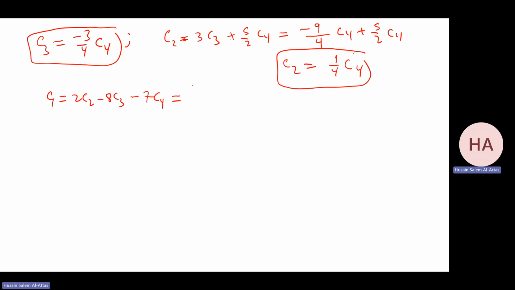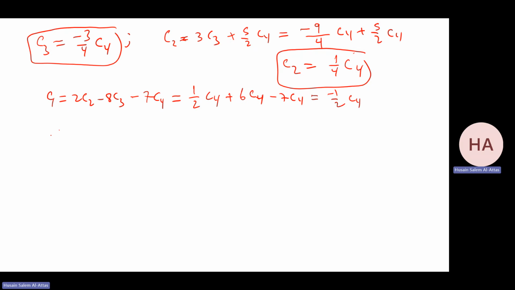I have half C4 minus 8, so it's plus 24 over 4, which is 6, C4 minus 7C4. That gives me half minus 1, which is minus half C4.